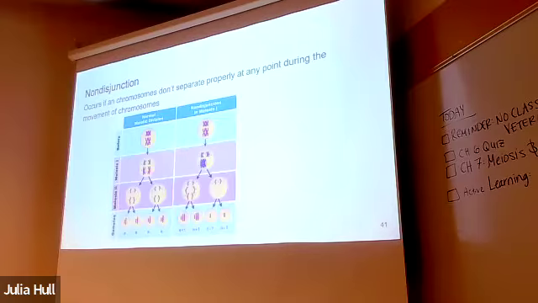But if we don't attach our spindle fibers to the right places during metaphase, bad things can happen. If we have this thing called a non-disjunction event, which is where our chromosomes don't get pulled apart during either metaphase 1 or metaphase 2, we're going to end up with cells that have either too much or too little genetic material.